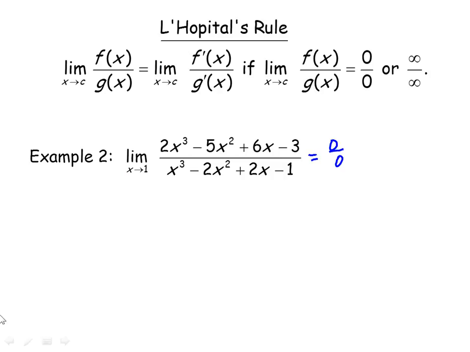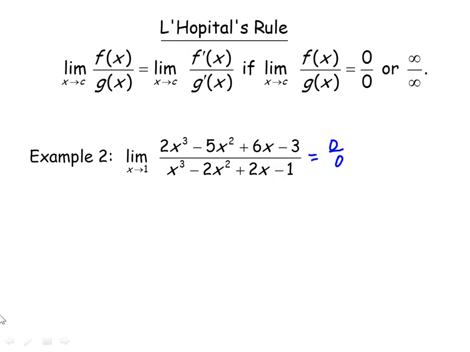So, when you get an indeterminate form, whether it be 0 over 0 or infinity over infinity, what we're going to do, you remember what this notation means? Derivative. What we're going to do is apply the limit to the derivative of the top and the derivative of the bottom. So let's see if that works.